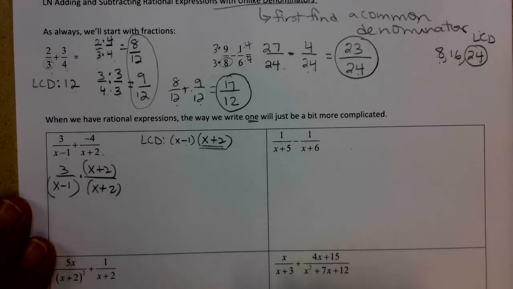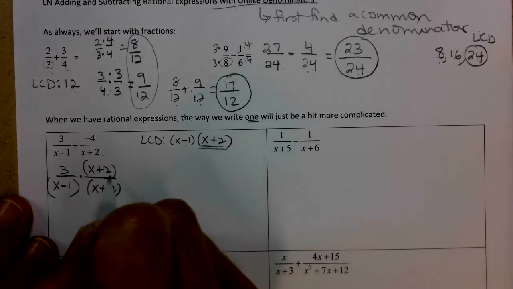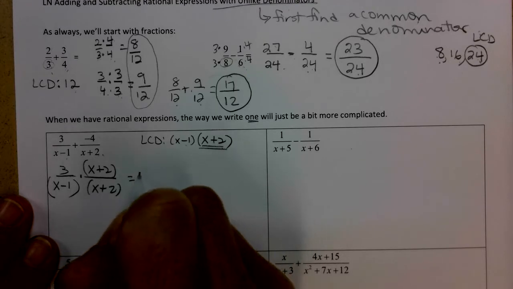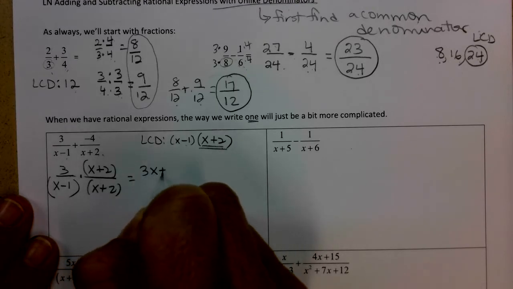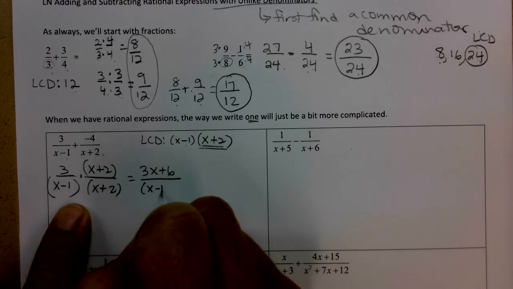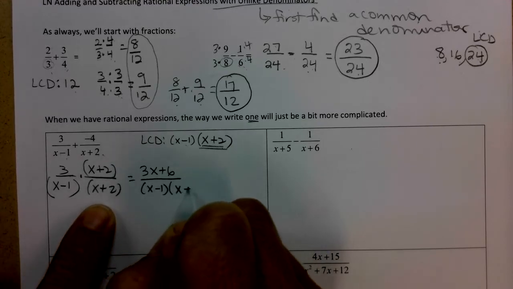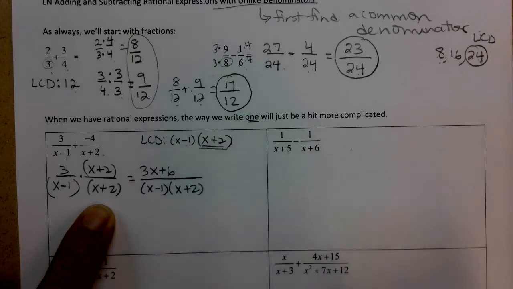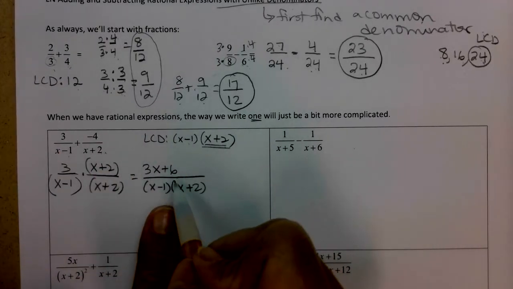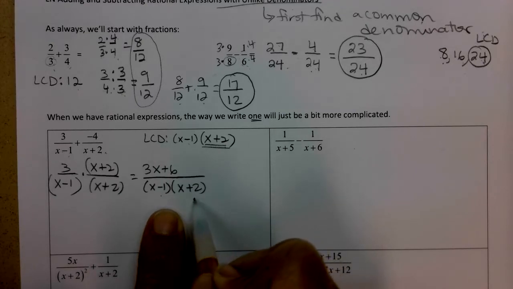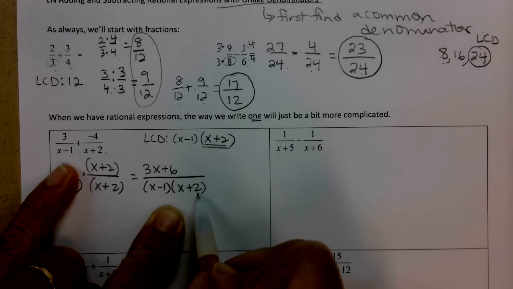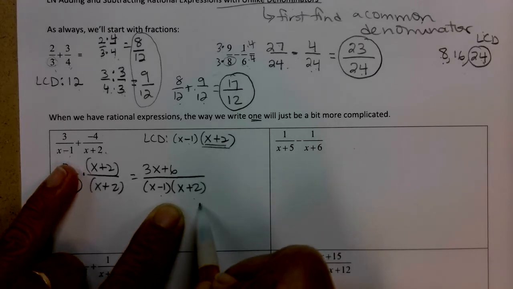Sorry, x plus 2. So my first fraction, its built up equivalent, is going to be 3x plus 6 over x minus 1 times x plus 2. I'm going to multiply the top, but the denominator I'm going to leave as x minus 1 times x plus 2. So this fraction is equivalent to 3 over x minus 1. It's just now going to have that common denominator I was looking for.